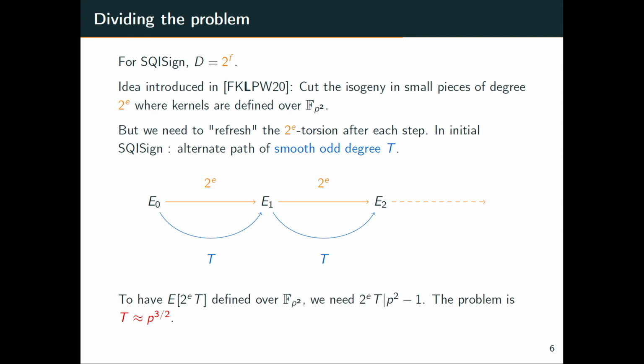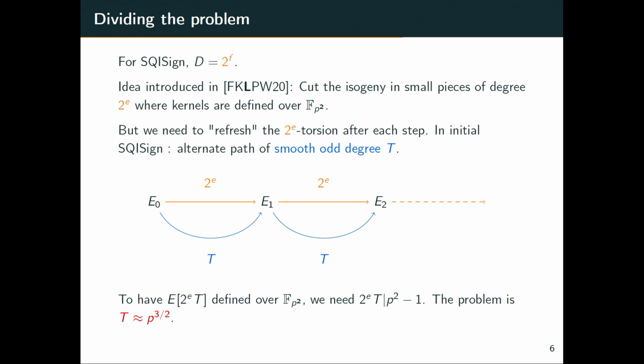So in the end, I'm going to need points of order 2^e times T to do this alternate path. And to make it as efficient as possible, I want those points to be defined over F_p^2. And this condition translates into, I want that 2^e times T divides p^2 minus 1, okay? Which in principle should be fine.